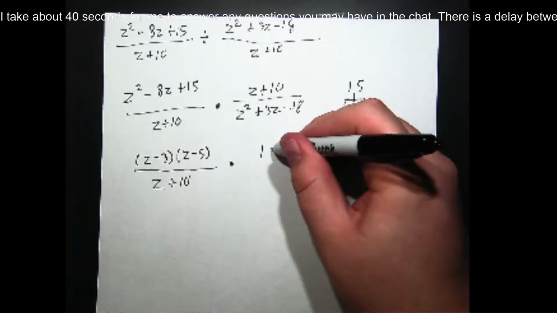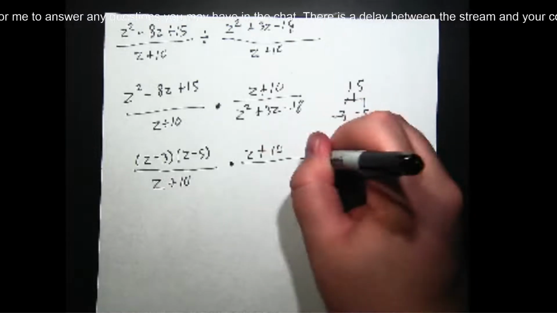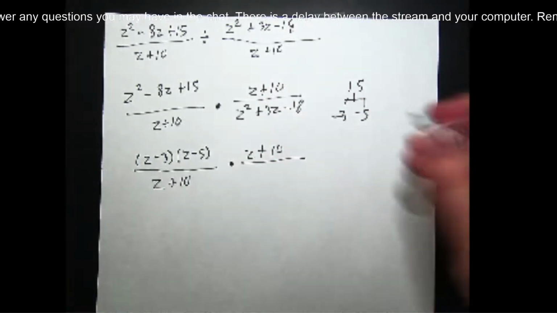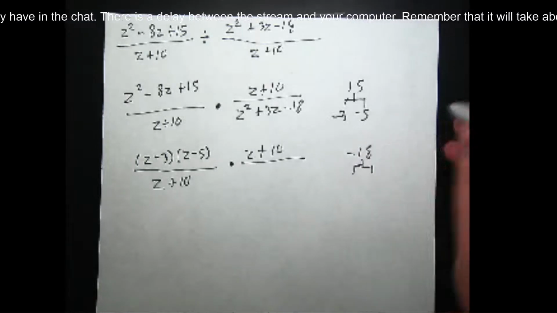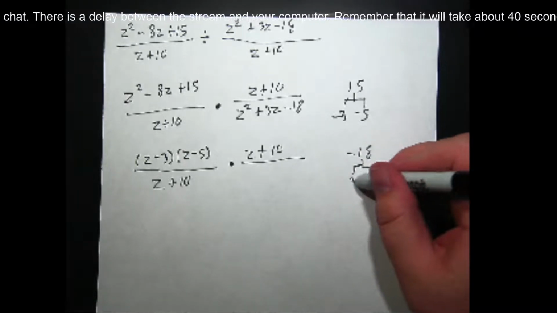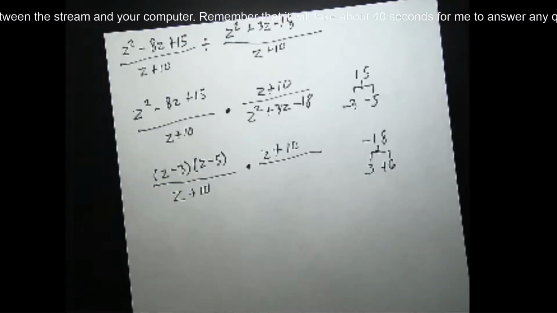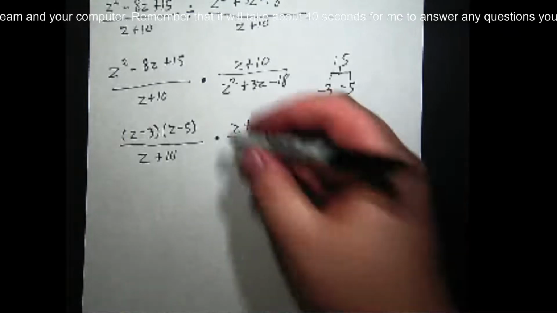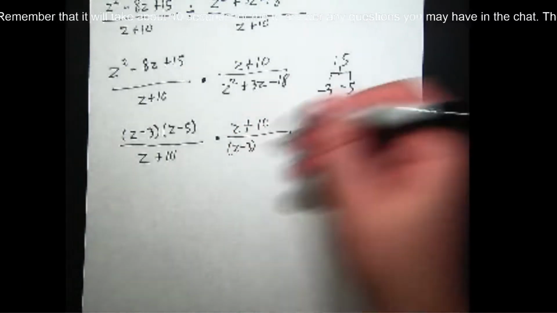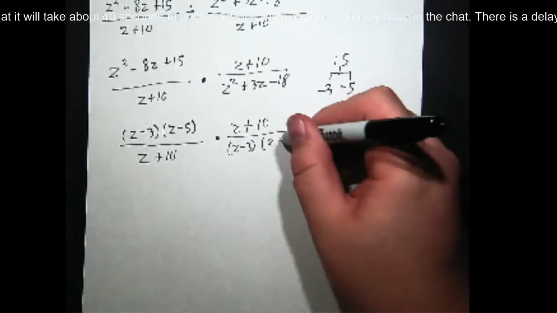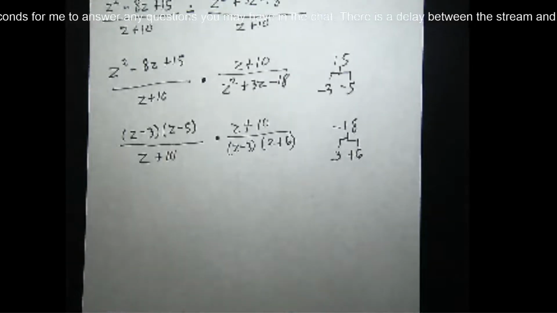Then over here I've got z plus 10 over, let's see, my AC here is negative 18. I need to get a 3 out of that, so 3 and 6. If I make it a positive 6 and a negative 3. So let's see, I got z minus 3 times z plus 6. And now what can I cancel out?